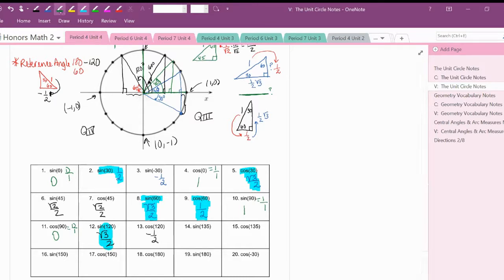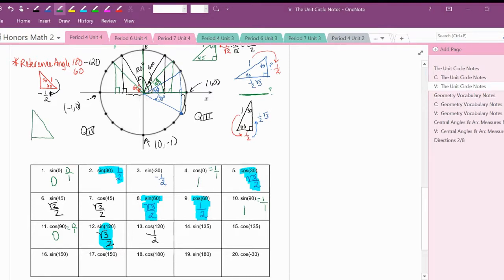We move to 135. That's greater than 120. We drop our perpendicular to the x-axis. We're going to find our reference angle.